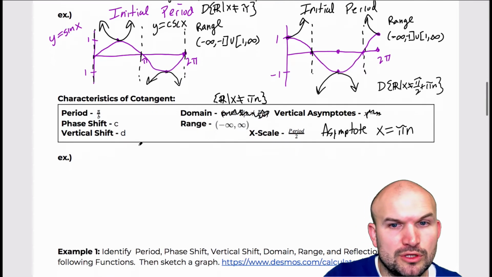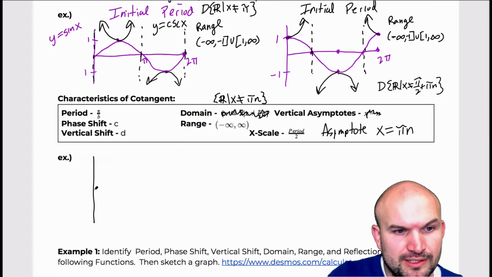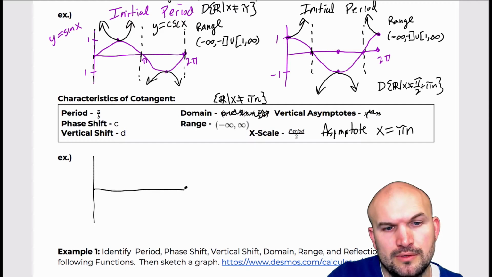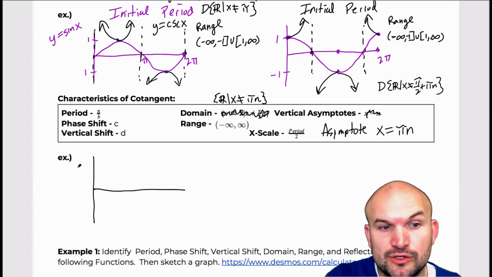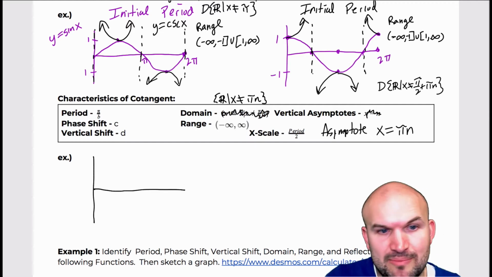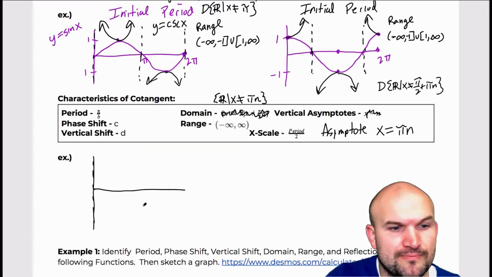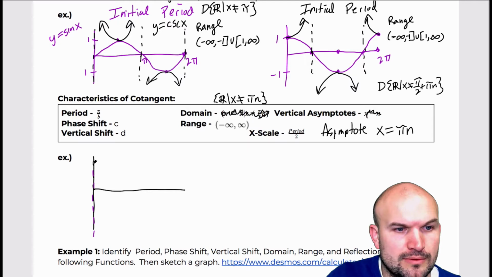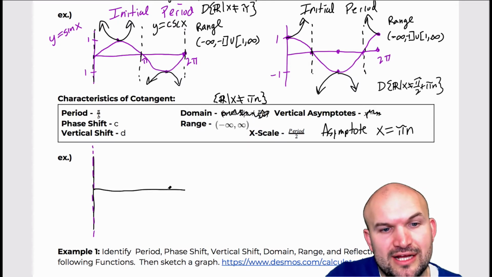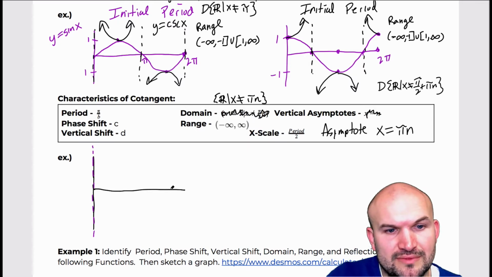So to look at this initial period here, when we go around the unit circle, we know that at 0 there's going to be an asymptote. Oops, let's do it in purple. And then at our next point, pi, there's also going to be another asymptote.